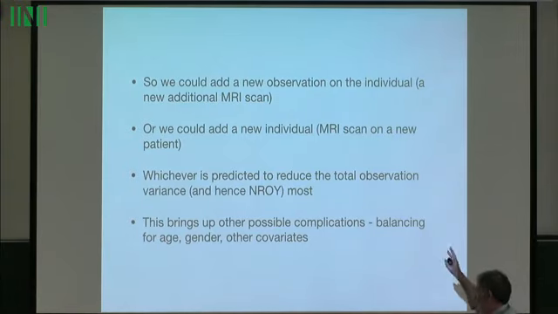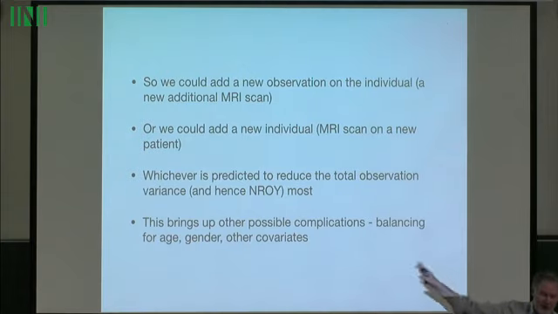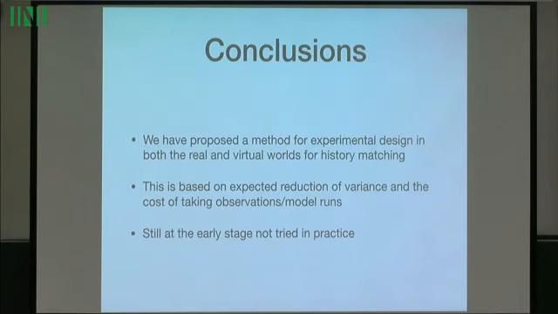But then once you get into the world of real-world experimental design, we might be balancing for age or blocking for gender or other covariates. So it gets a bit complicated, or could get a bit complicated. But the idea I'm proposing is actually very simple.